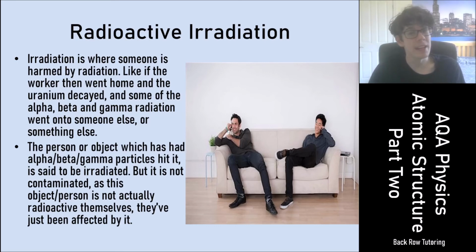He's not contaminated because there's no radioactive particles on his person, but the radiation has hit him, so he's been irradiated. So the difference between irradiation and contamination is where radioactive particles are somewhere where they shouldn't be. Irradiation is where something's been hit by radiation and affected by it.